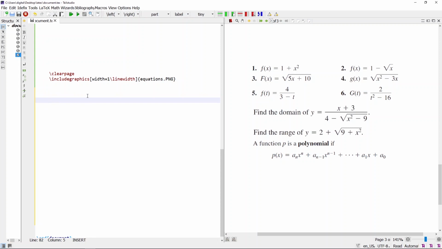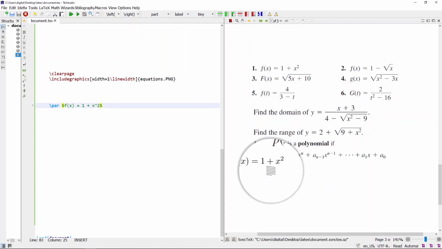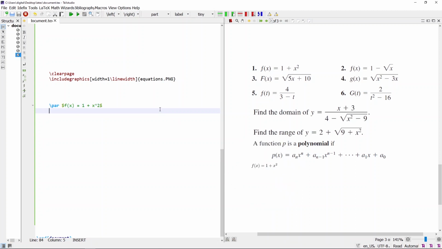Let's write these equations here. For example, this f of x is equal to 1 plus x square can be written as f of x is equal to 1 plus x to the power 2. Here it is coming here, f of x is equal to 1 plus x square.